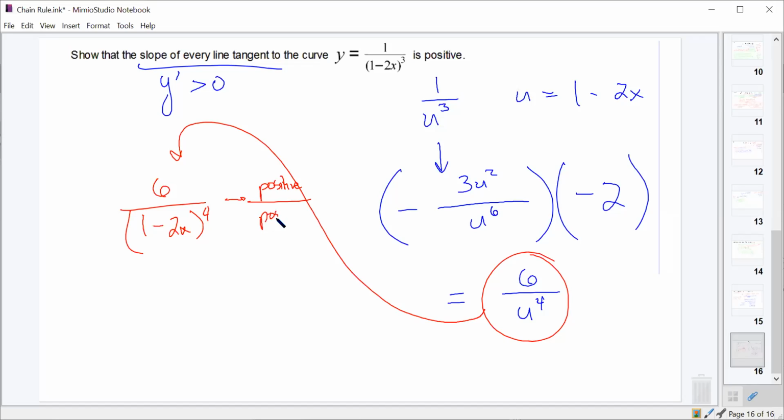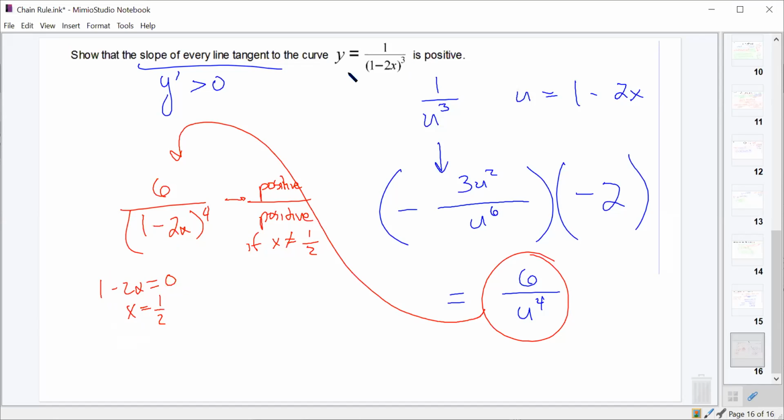So we'll say positive unless x equals what? A half, right? If x is a half, then this would be 0, and then it would be undefined, which would not be positive, true?